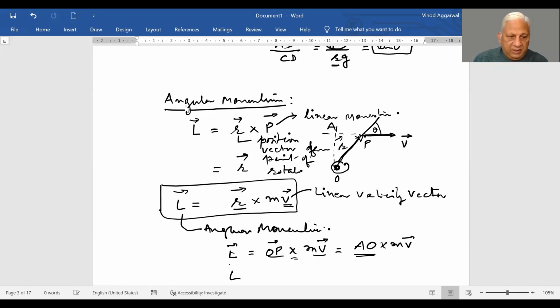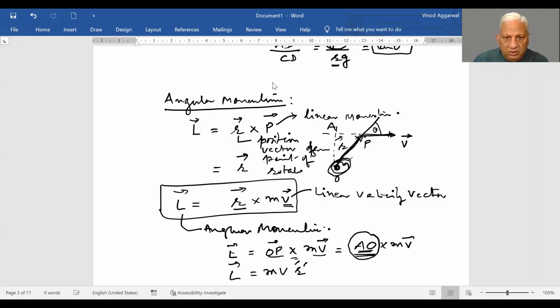So L can be defined as... now what is this? This is the perpendicular distance between the velocity vector V and the point of rotation. Okay. So we can say that L is equal to MV into AO, and AO, let's say we term it as R dash to distinguish it from this radial vector.